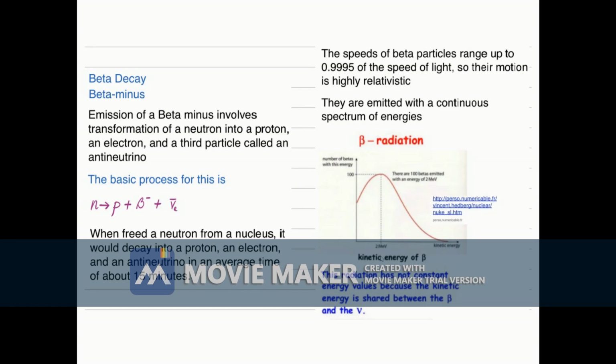Looking at this graph, with the increase of energy, beta particles with that energy are still present at any point, so the spectrum of energy is continuous.